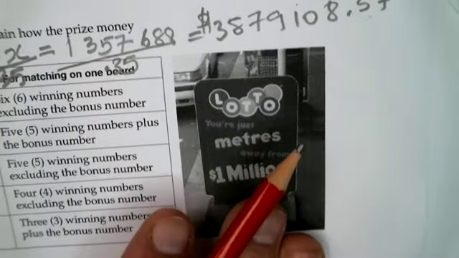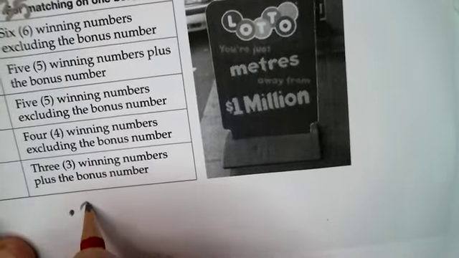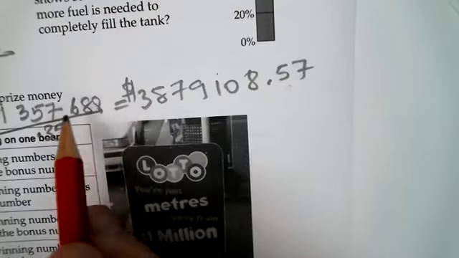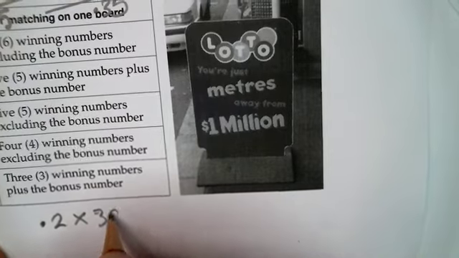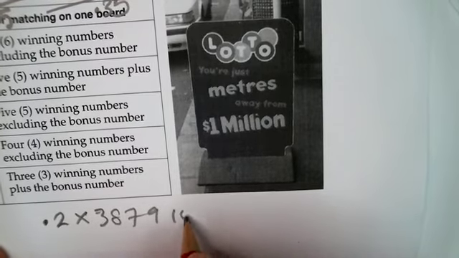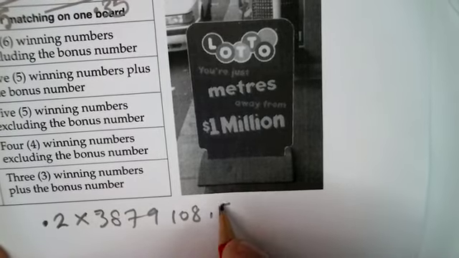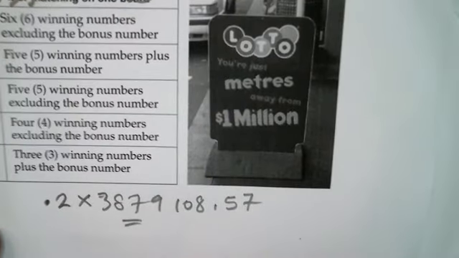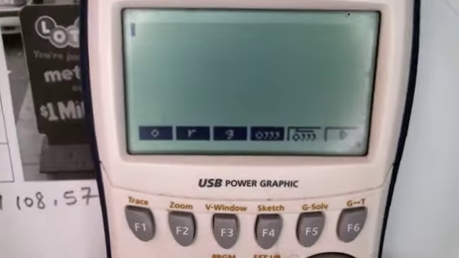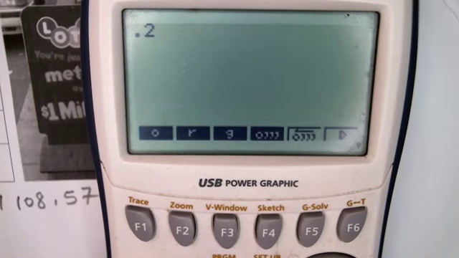So all I'm going to do is go 0.2 times the 3,879,108 and 57 cents. I'll write it out. And where do we end up? I'll just work on the calculator. Here we go. Nice and simple as you like. 0.2 times 3,879,108.